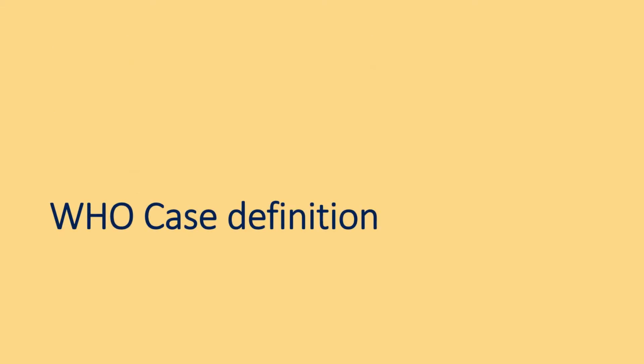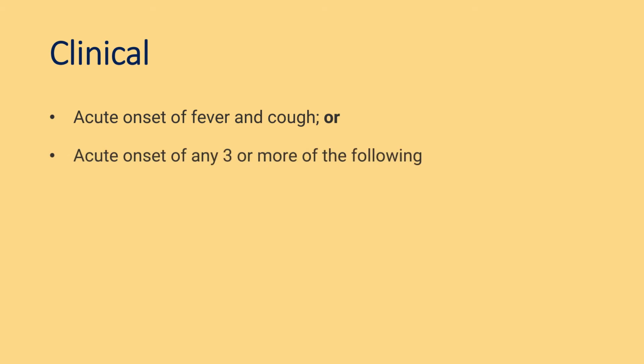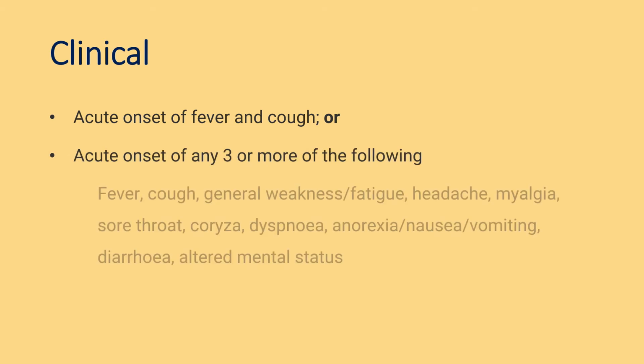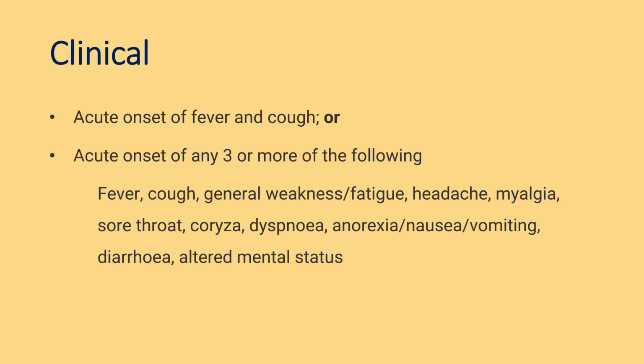For any communicable disease, for the purpose of case definition, cases are classified into suspect, probable, and confirmed. We will now look at the WHO case definition for SARS-CoV-2 infection. The clinical criteria include acute onset of fever and cough, or acute onset of any 3 or more of the following: fever, cough, generalized weakness, headache, myalgia, sore throat, coryza, dyspnea, anorexia, nausea, vomiting, and altered mental status.